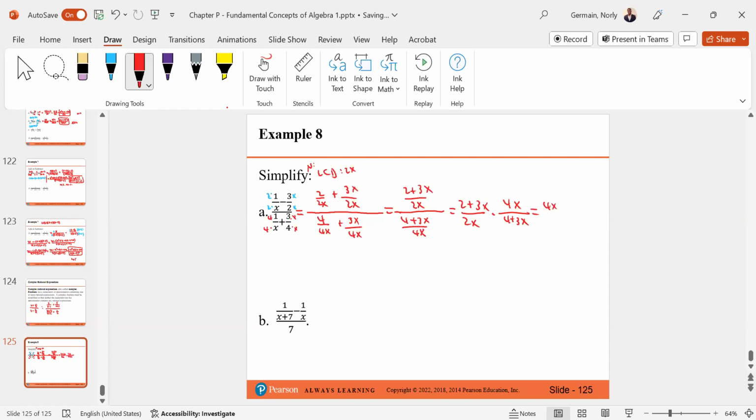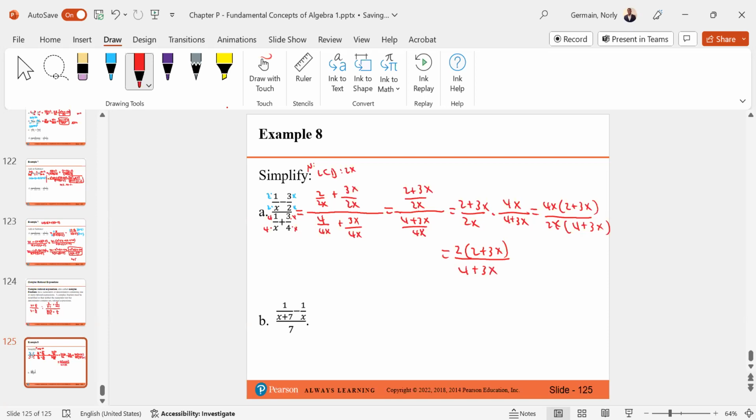That means you have 4x times 2 plus 3x over 2x times 4 plus 3x. Nothing to cancel out now except 2x, because you can factor 2x. So the answer here would be 2 times 2 plus 3x over 4 plus 3x. And that's it.